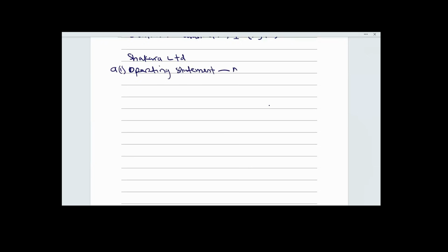Using absorption costing method. Since the examiner did not call it method, approach, concept, or technique, I can use any one. Let me use ACA.